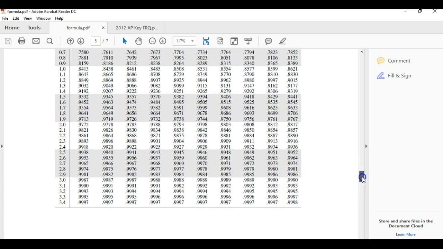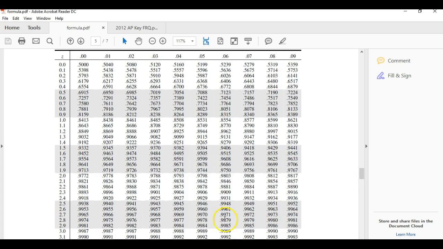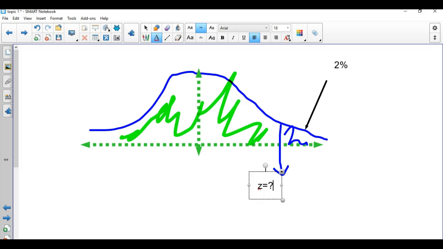So 98 percentile is somewhere around here, and you can see that I'm probably going to get closest at 98.03, 97.98, and that's going to give me a z-score of 2.05. So I'm going to go back to my picture. The z for 2% is 2.05. How did I find that? The z-score only works to the left of the curve, or the left of this line. So I have to look for 98 percentile in my chart, go backwards and find that z-score.